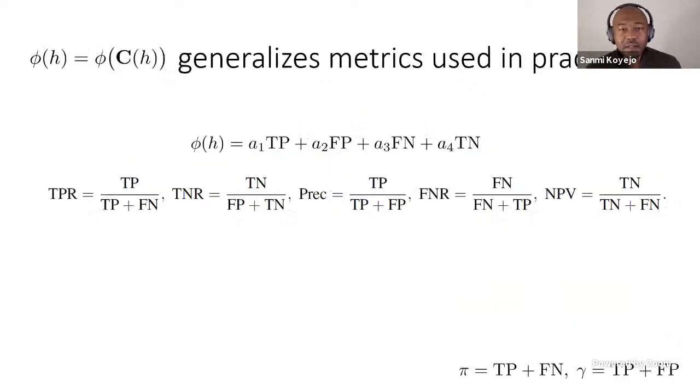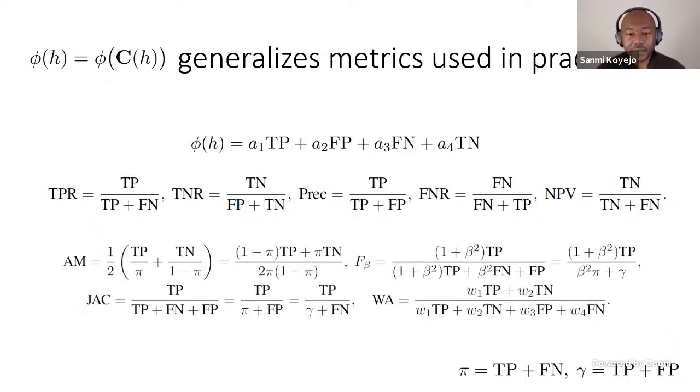Many of you are already familiar with many of the examples. Accuracy in all of its weighted versions can easily be constructed as weighted functions of the confusion matrix. You're probably already familiar with precision and recall, which can be computed as ratios of confusion matrix functions, and many other of these quantities. They're of course much more complicated, and you can make this as complicated as you like.